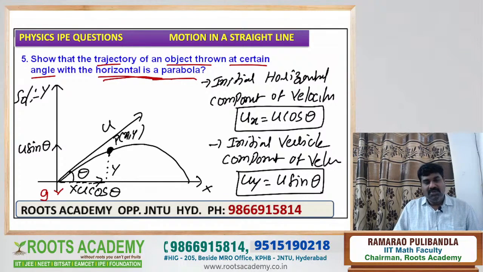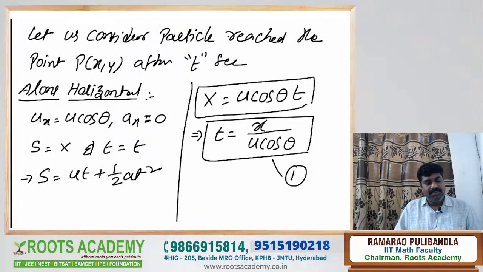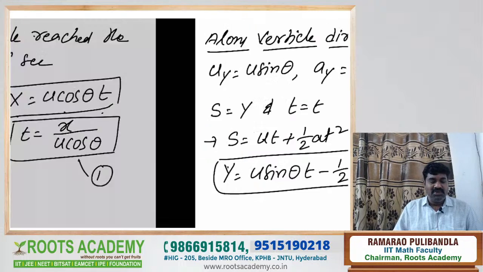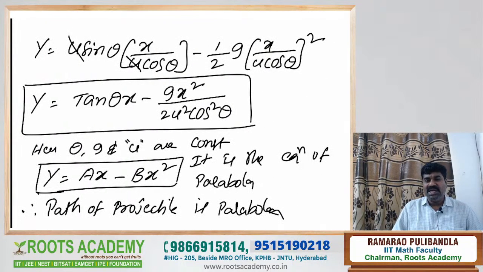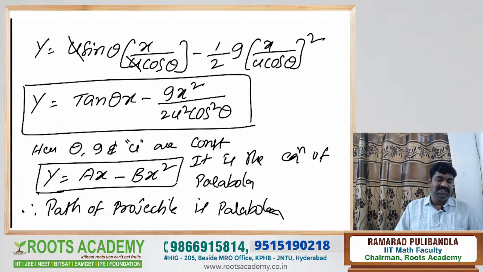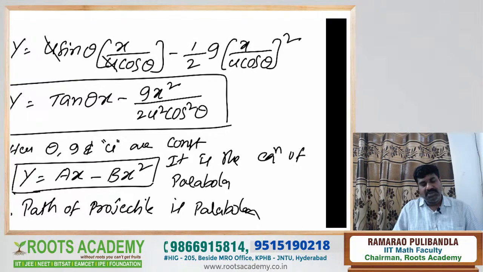After t seconds, it reaches the point P. Along the horizontal, the distance traveled is x is equal to u cos theta into t, so t is x by u cos theta. y is equal to u sin theta into t minus half gt square. We substitute x by u cos theta, then y is equal to ax minus bx square. So the path of the projectile is a parabola. This is the most important 4 mark question.